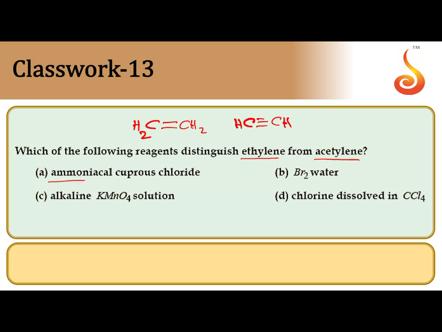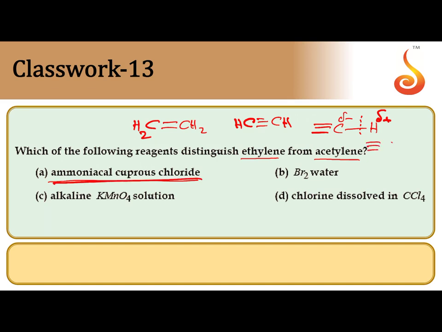When ammoniacal cuprous chloride or Tollens reagent is taken, because of the triply bonded carbon having hydrogen, that hydrogen becomes acidic hydrogen. Because of acidic hydrogen, only terminal alkynes can react with ammoniacal cuprous chloride, forming copper alkynides.